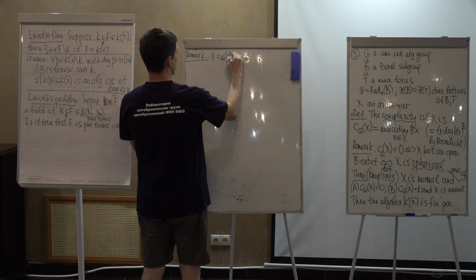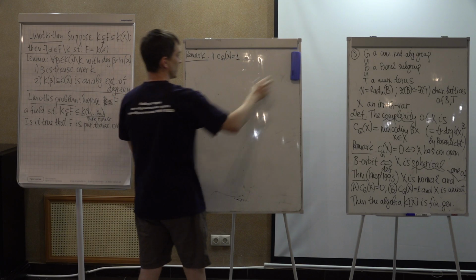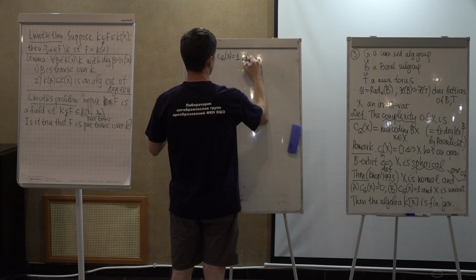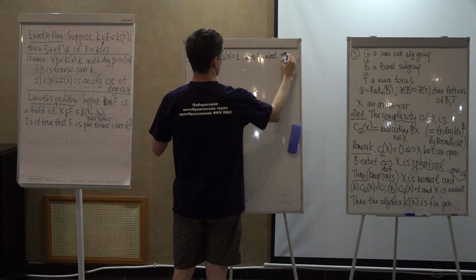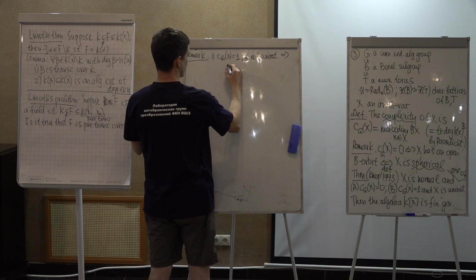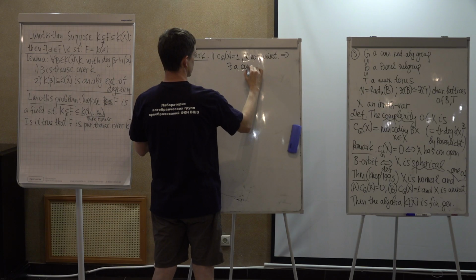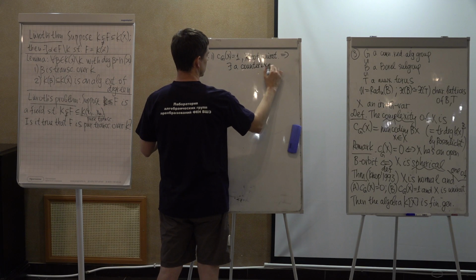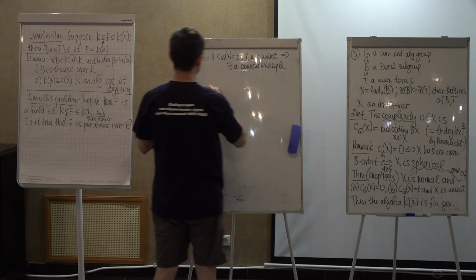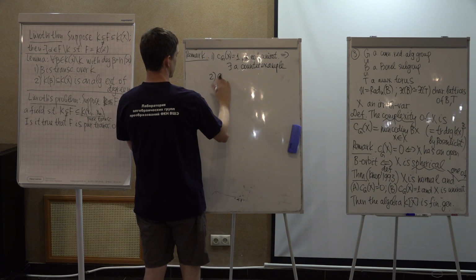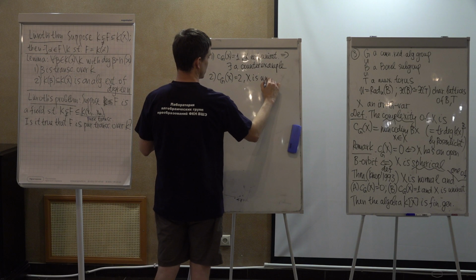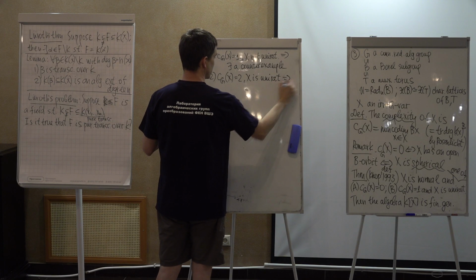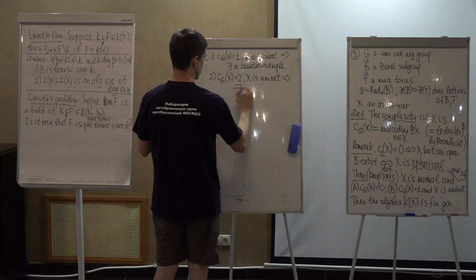If the complexity is 1 but X is not unirational, there is a counterexample. And also in the case where the complexity of X is 2 but X is unirational, there is also a counterexample.